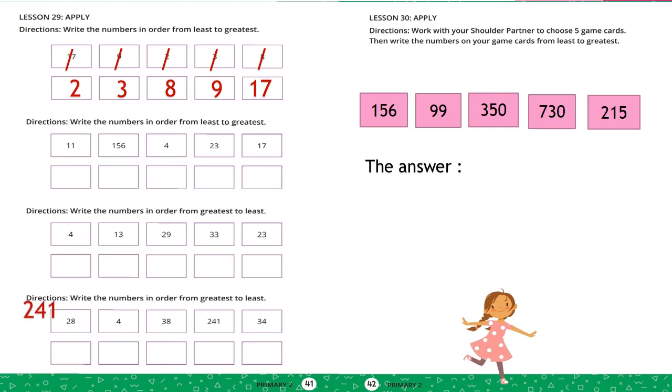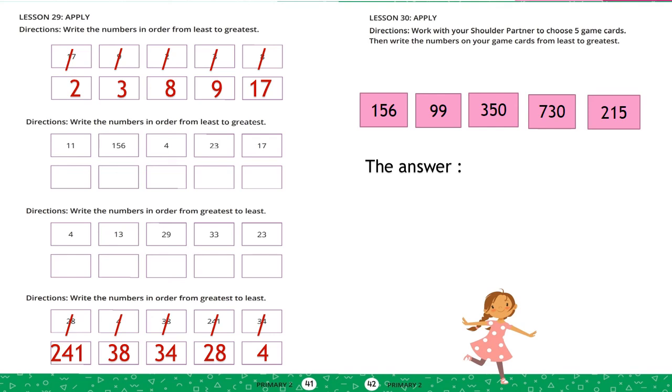Then write 241 and cancel it. 28, 4, 38, 34. The greatest, 38. Write 38 and cancel it. And write 34 and cancel it. 28 and 4. The greatest is 28. Then write 28 and cancel it. And the last number, 4. Write 4 and cancel it.